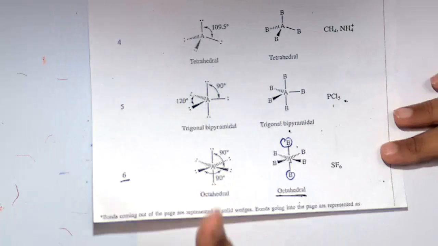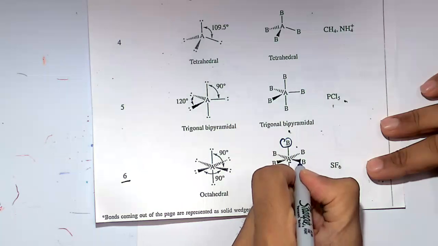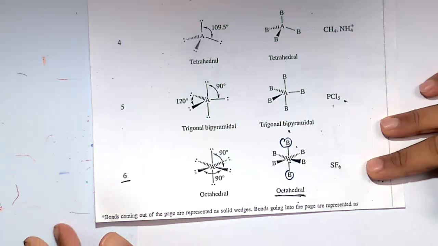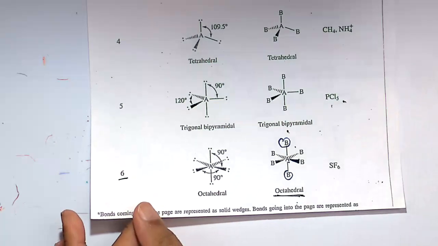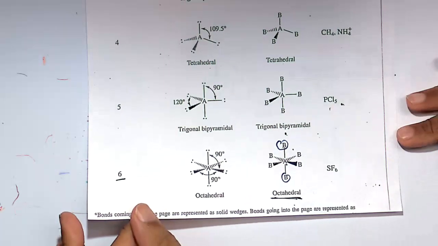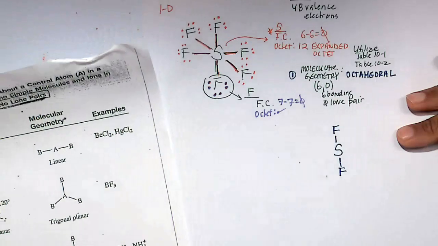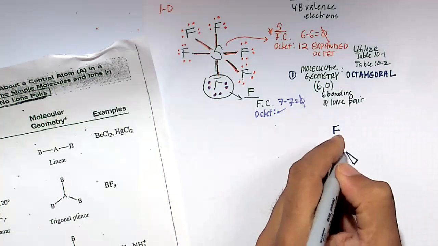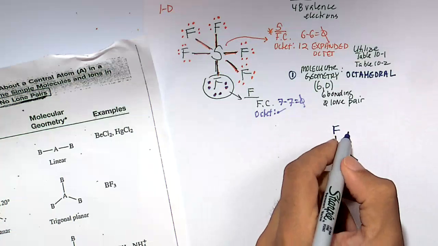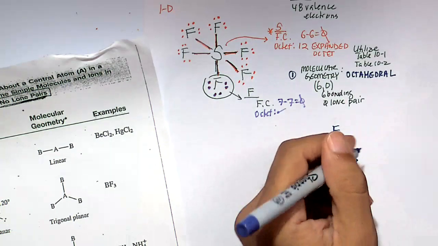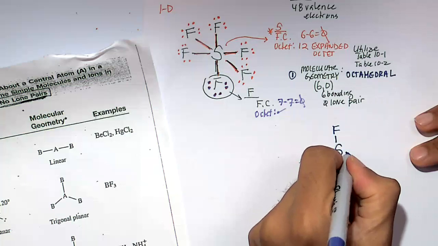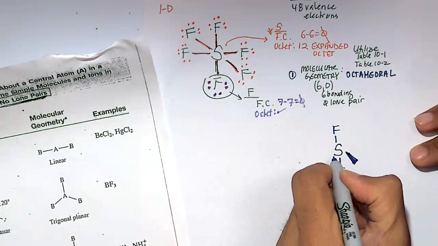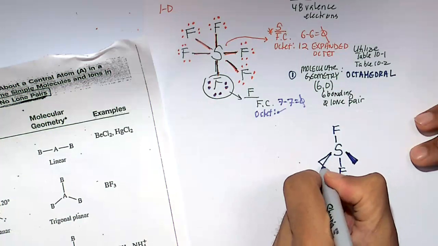We can draw what's called a wedge. It almost looks like a wedge for the door. This means it's coming towards you guys. Coming right towards you, Joshua or Kimberly. It's sticking out above the paper. This specific bond is called a wedge.